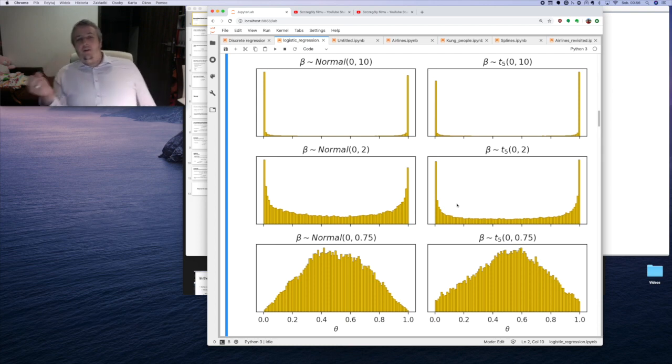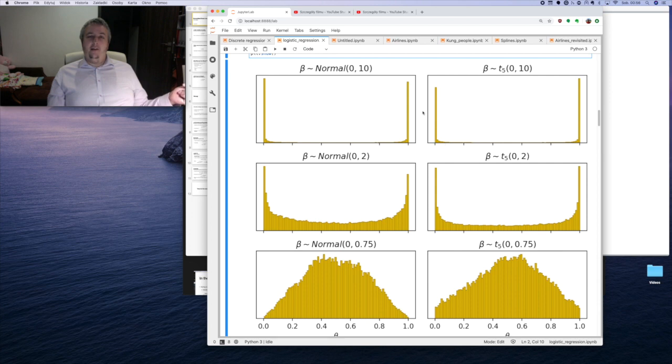What we can see here is that with sigma 10 we have a lot of concentration of our results either at 0 or at 1. Why? Because we have a large spread of beta coefficients, and we land in places where the logit function becomes saturated. If we reduce the standard deviation, we get a very similar result with a bit more mass concentrated in the middle for the normal distribution. It is a kind of acceptable prior because it still allows us all the areas inside.